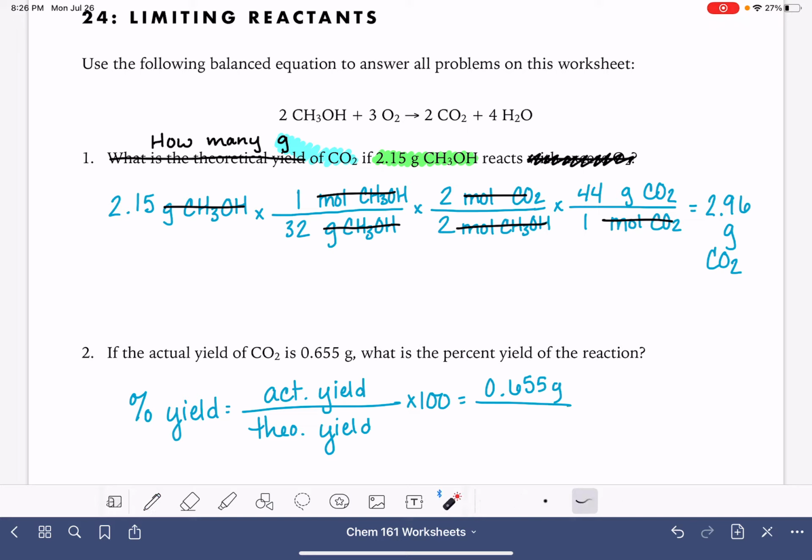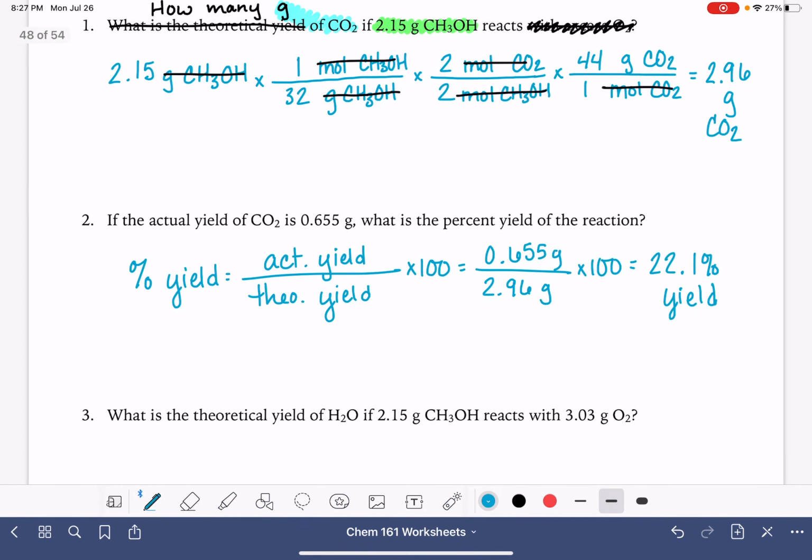We calculated the theoretical yield in problem number 1, 2.96 grams. Multiply it by 100 so that it's a percentage. And we have 22.1% yield. Not great. Let's take a look at problem number 3.